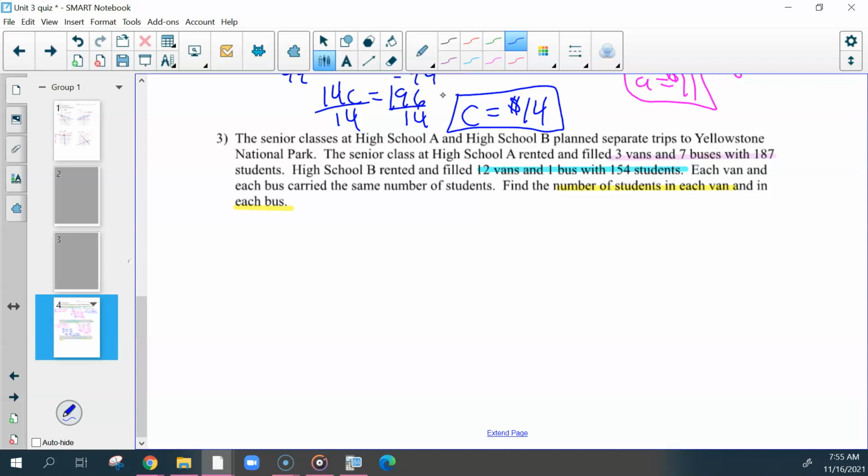I think I used V and B. If you use X and Y, that was also fine. But this needed to be the number of students in each van and bus.